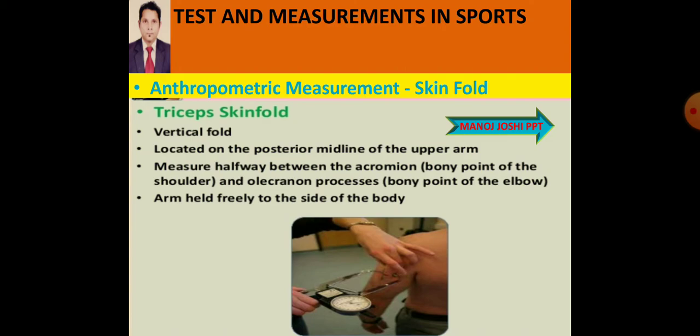Measure halfway between the acromion, bony point of the shoulder, and olecranon process, bony point of the elbow. Arm held freely to the side of the body. This is the triceps skin fold measurement. We can see in the picture here.